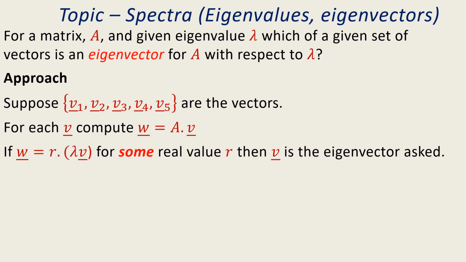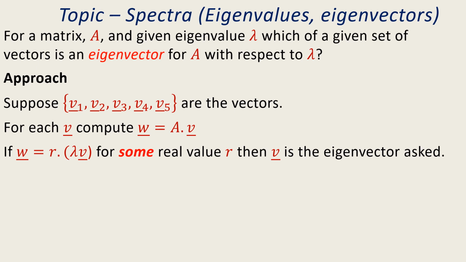Now, if the outcome is some real value r multiplied by the eigenvalue lambda multiplied by the vector, then that is the eigenvector that you want.